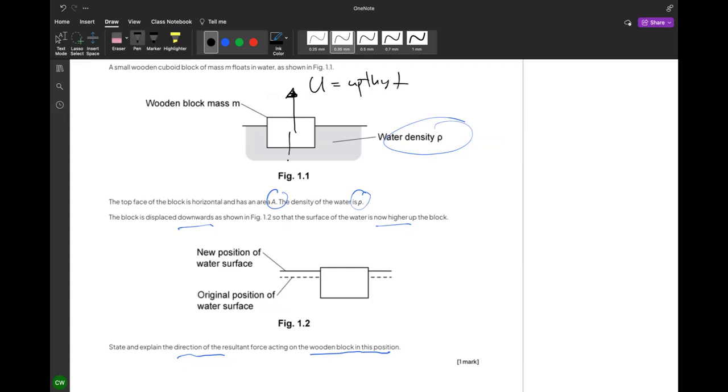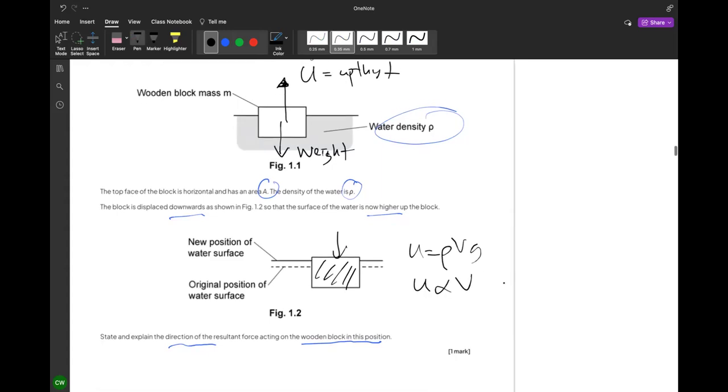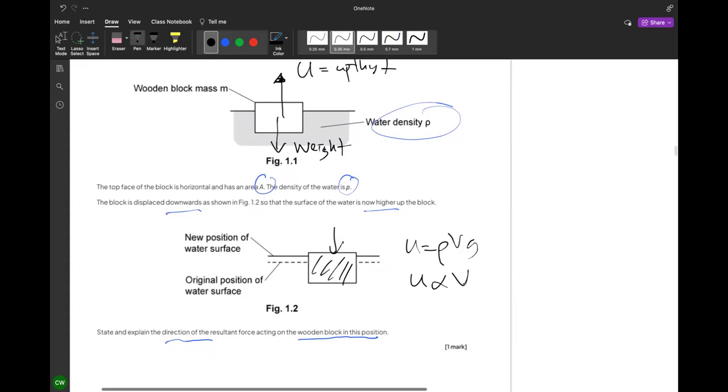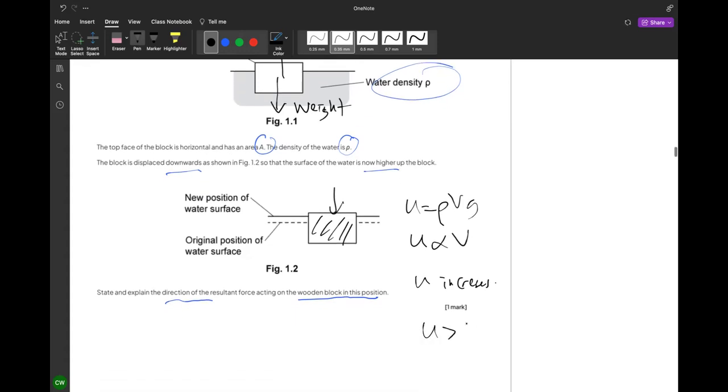What is causing it to go down? It's the weight, right? When you press this thing down, it will displace more water because upthrust is rho Vg, V being volume. So when you press it down, it displaces more volume, and upthrust increases. When upthrust increases, upthrust will be more than the weight.